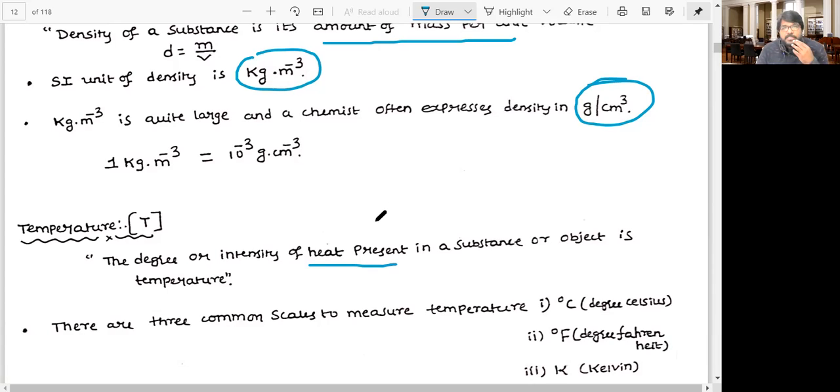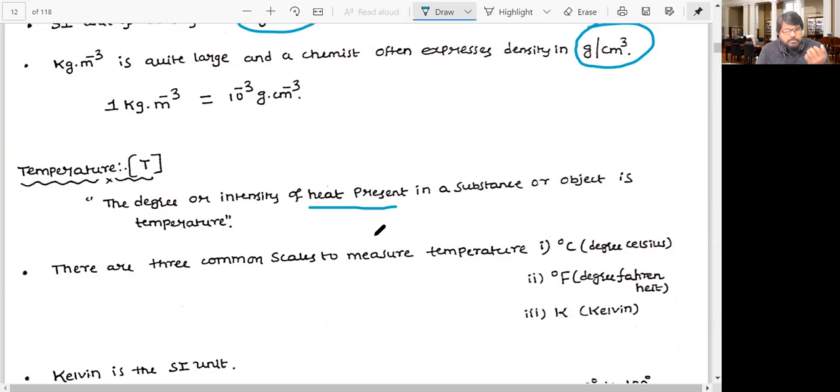And how to measure it? For example, we human beings, our body has a certain temperature. The atmosphere has some temperature. Any object has some temperature, some amount of heat.